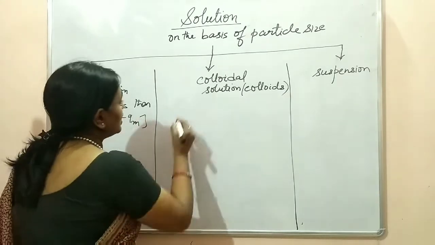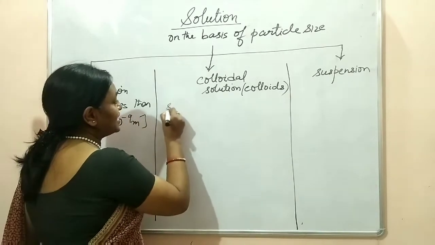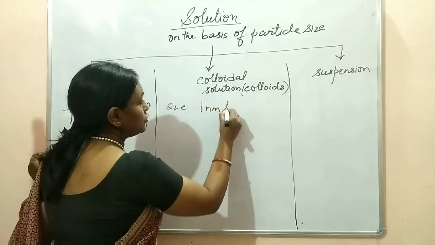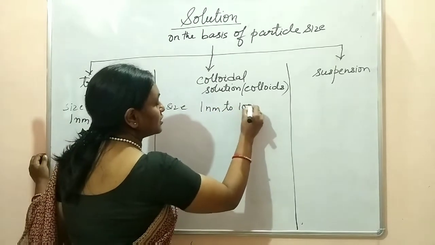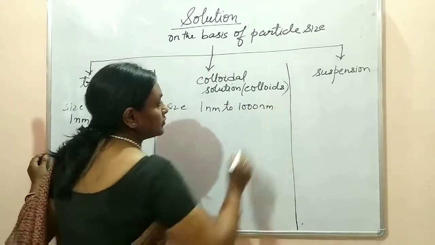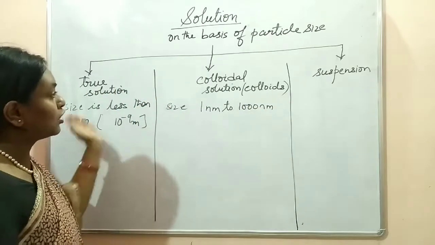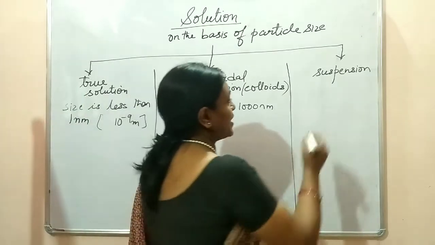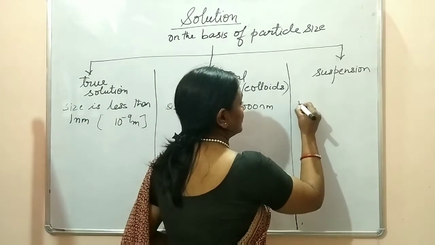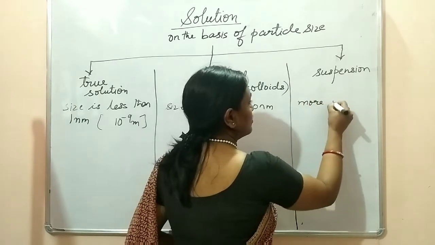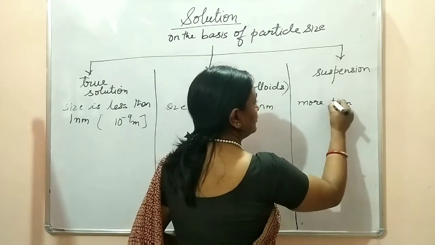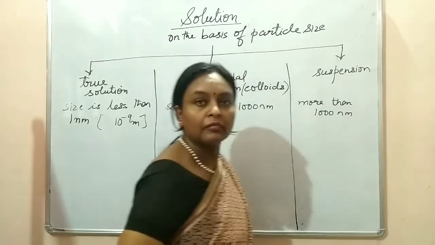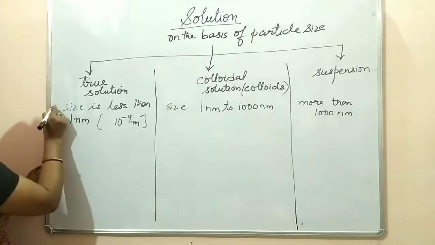Whereas in colloidal solution, the particle size is in between 1 nanometer to 1000 nanometer. So you can see that the particle size of colloids is bigger than true solution, while in suspension it is more than 1000 nanometer. This was the first point.